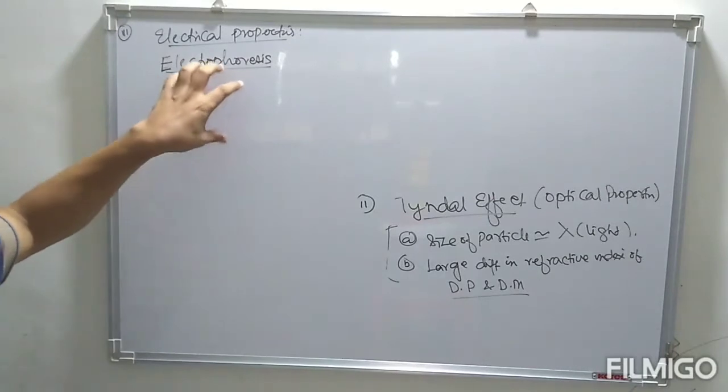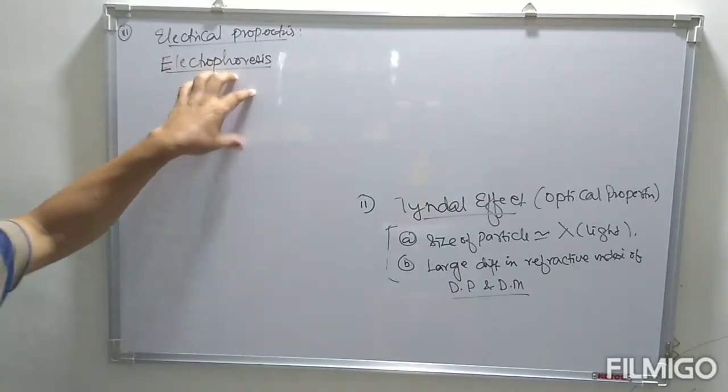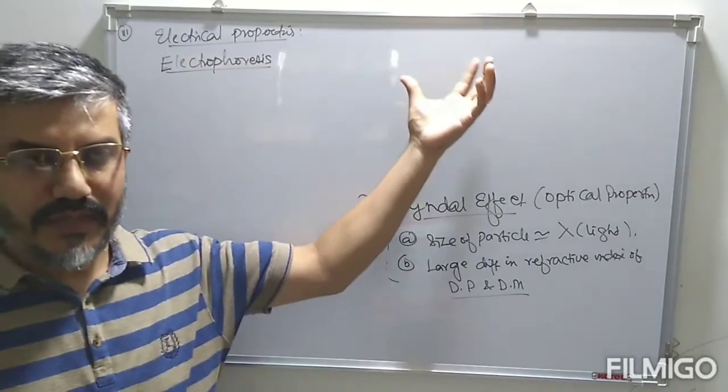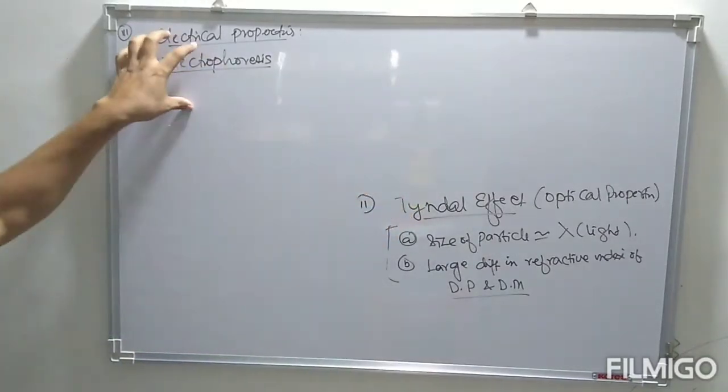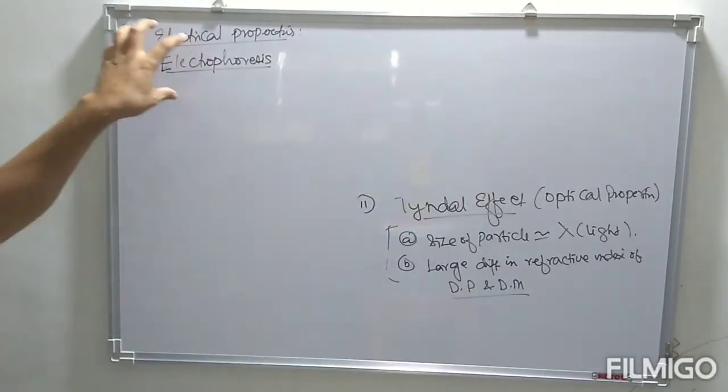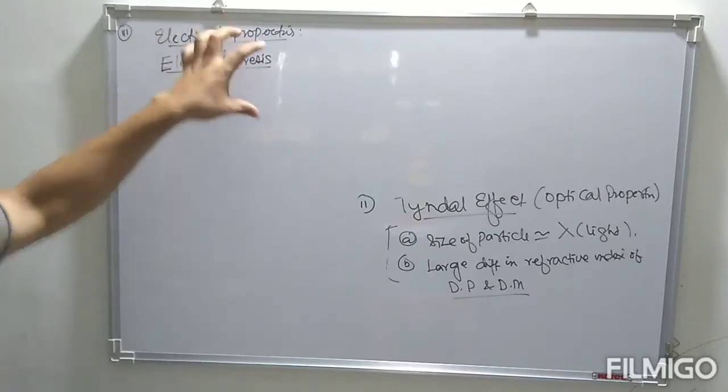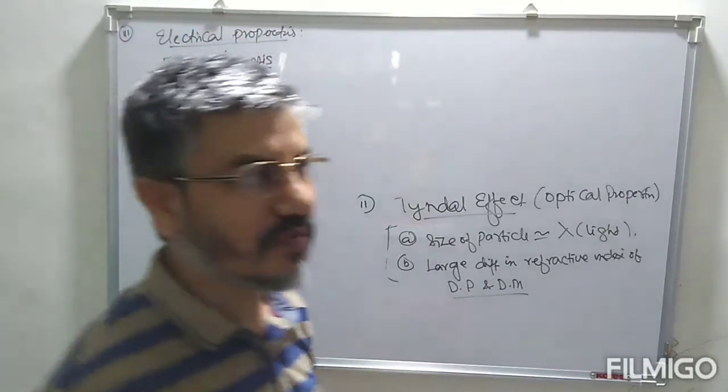This movement of particles of colloidal solution under the influence of an applied field is known as electrophoresis. This electrophoresis proves the electrical properties.